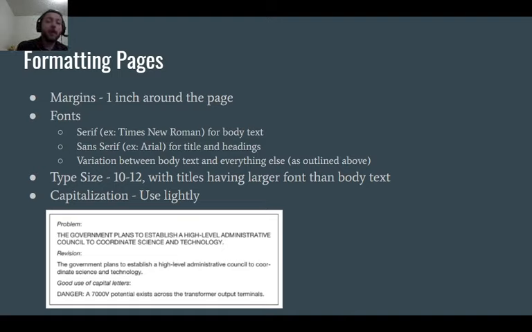Okay, now formatting pages. Typically, and again, it'll differ depending on whether you're in school or in the real world or what kind of document you do. But these are the typical specifications for how you want to format pages in your technical document. And a lot of them are not going to be too different from what you're doing already in Google Docs and stuff like that.